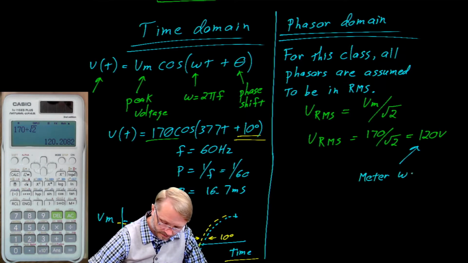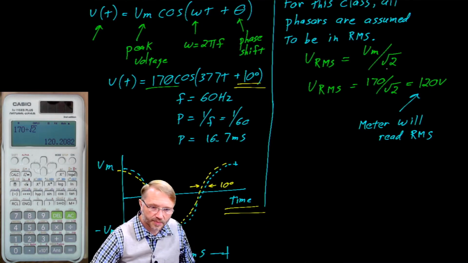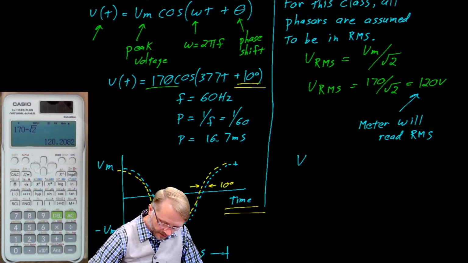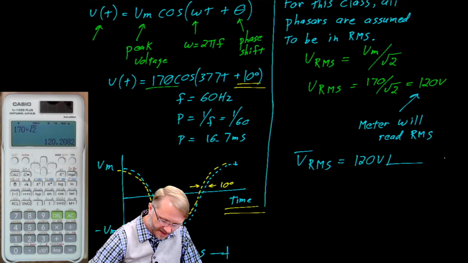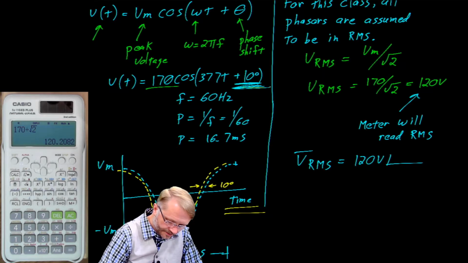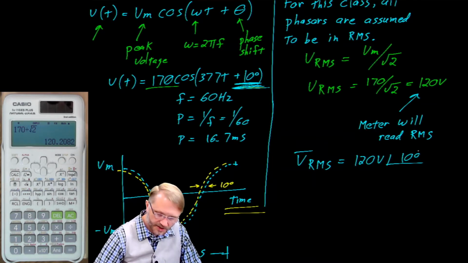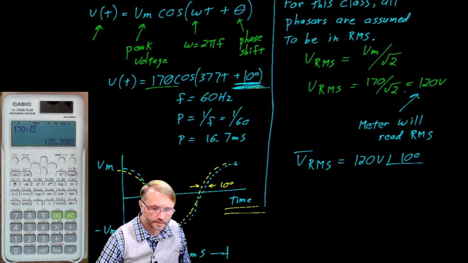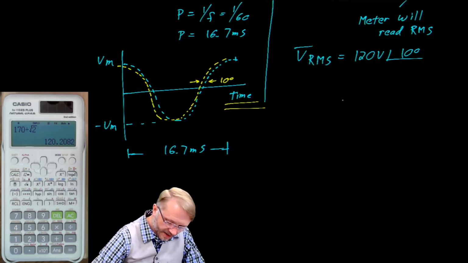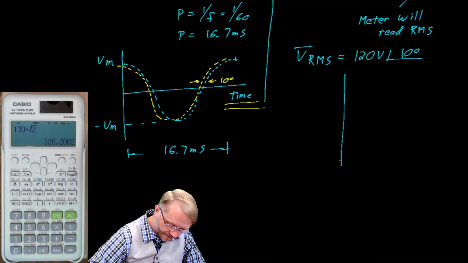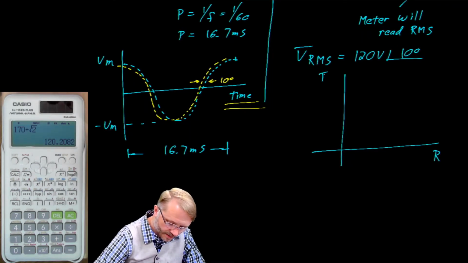To complete our conversion, we would say the RMS phasor is equal to 120 volts at a phase angle of 10 degrees. We can now plot this in the phasor domain. We have a real axis, imaginary axis.